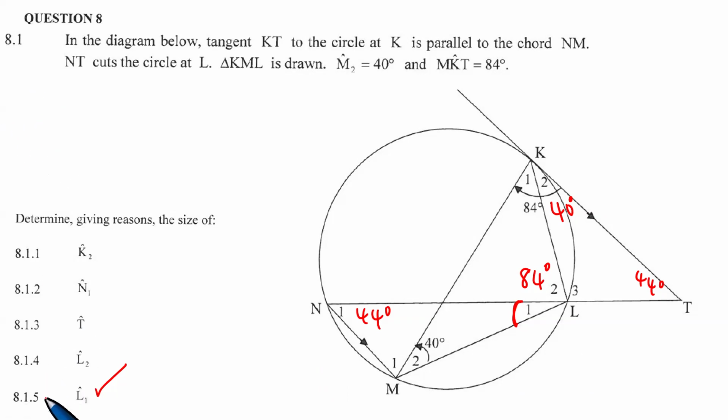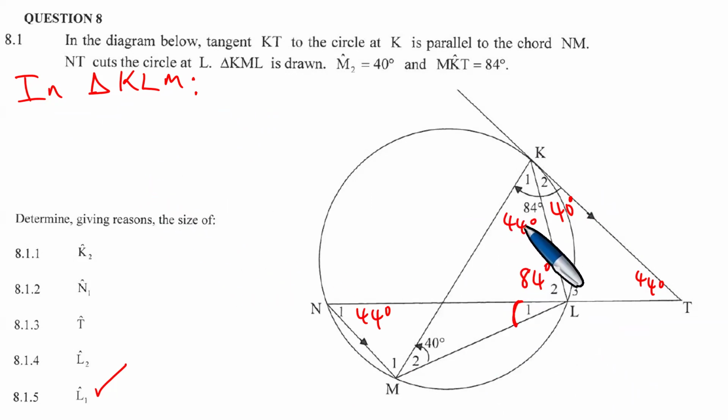So we're doing 8.1.5, L1. To do that one, we're going to work in triangle KML or triangle KLM. We're going to test your answer there. So in triangle KLM, we're just showing the steps. This one is 44 degrees.